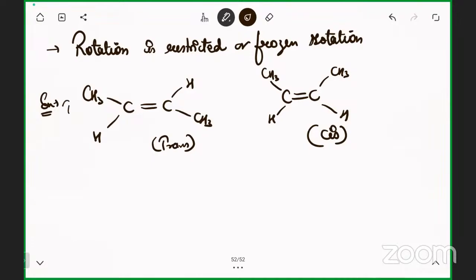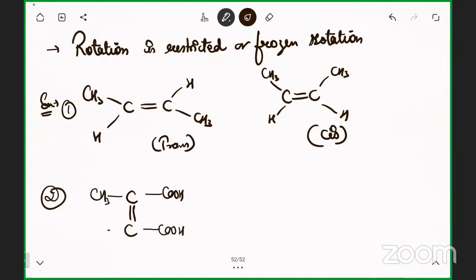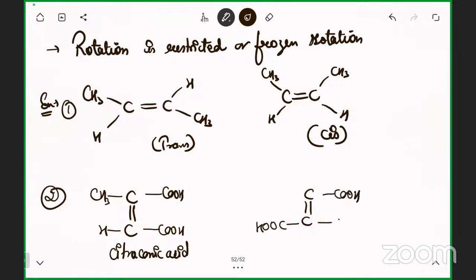One more example, the last example of geometrical, or only the cis and trans form. C double bond C, with COOH, CH3 on one side and H here. This is called citraconic acid. And C double bond C, with COOH this side, H this side and CH3 this side.